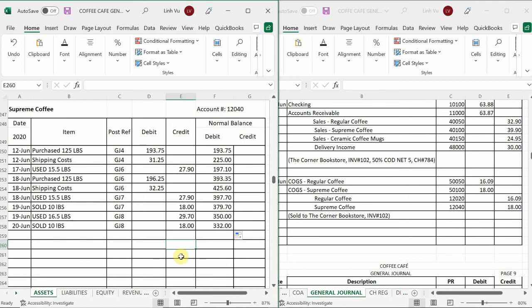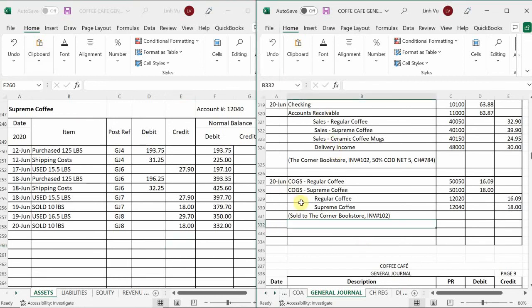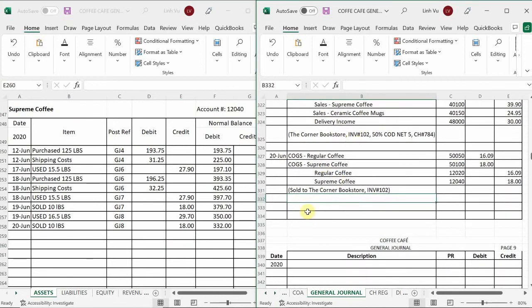Okay. So again, $332 is correct because if you remember right, if you started with 350 minus 18, you should get 332, right? We already verified that by looking at our inventory worksheet. So, like I've mentioned before, since we reached the end of page 8 and there's a little space left over, in this case, I'm not going to worry too much about it.